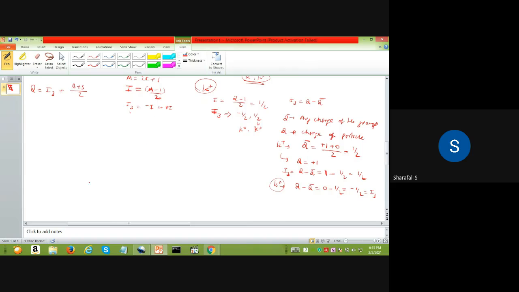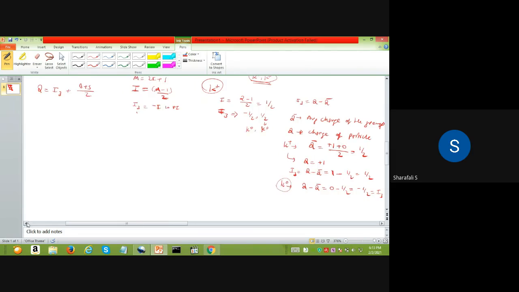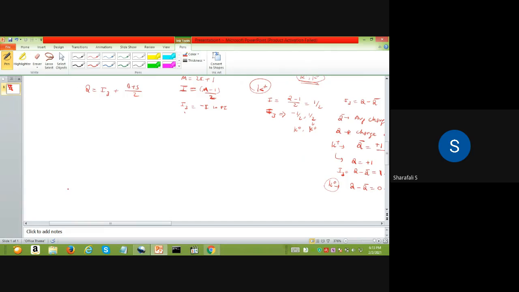Now we will discuss the conservation of strangeness and isospin, and the component of isospin. Let's consider strangeness conservation first. Strangeness conservation means that delta S should be equal to 0 if it is conserved.